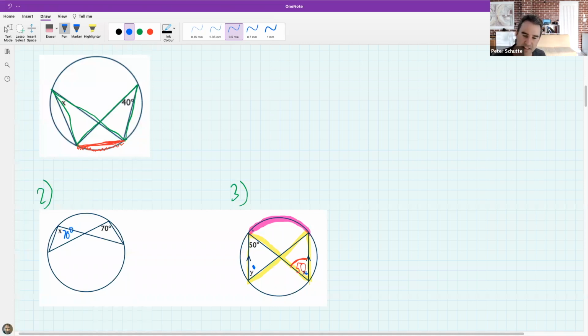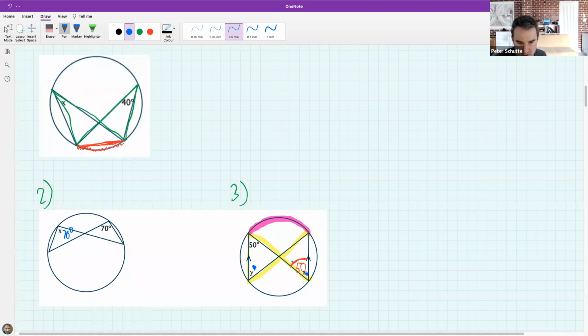So one of the things to know is that the arc doesn't always have to be at the bottom. If you focused on this arc, you can know quite quickly that this and this is 50, but that's not really where you wanted to focus. What you wanted was figuring out y, and the one that y is related to is this one over here.